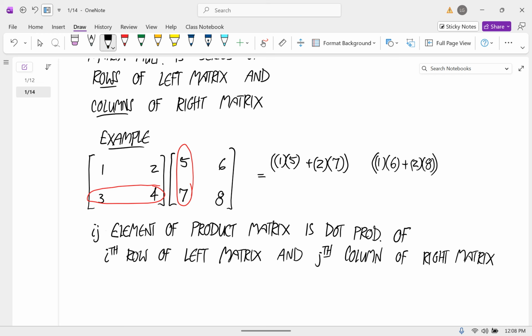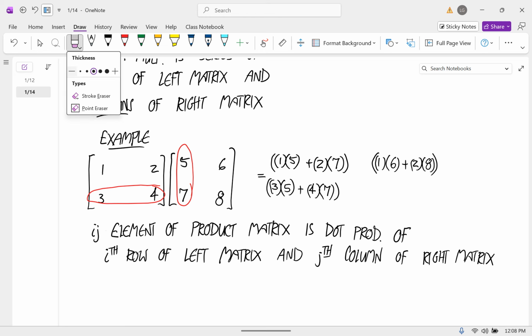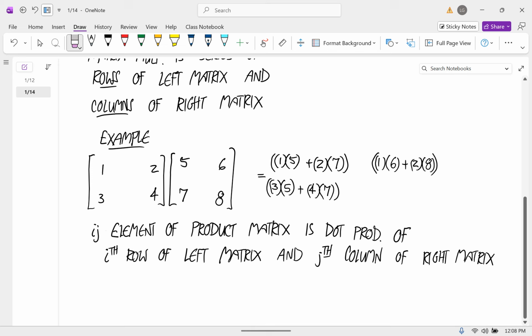That's going to be 3 times 5 plus 4 times 7. And then the last one, we want the 2, 2 element of the product matrix.